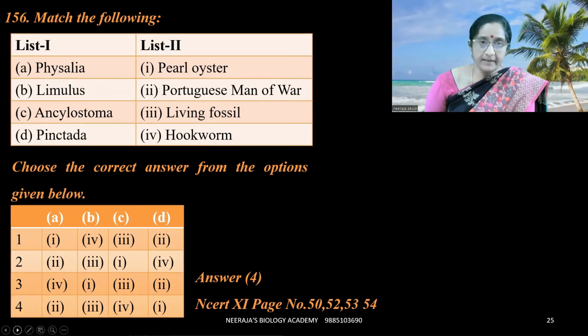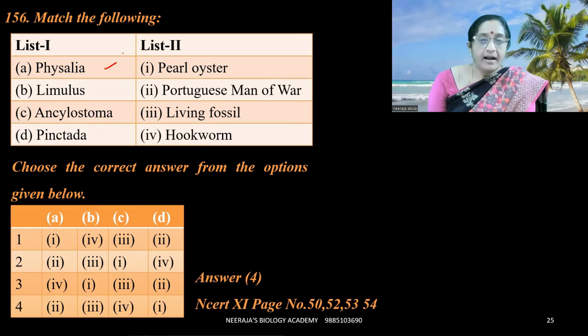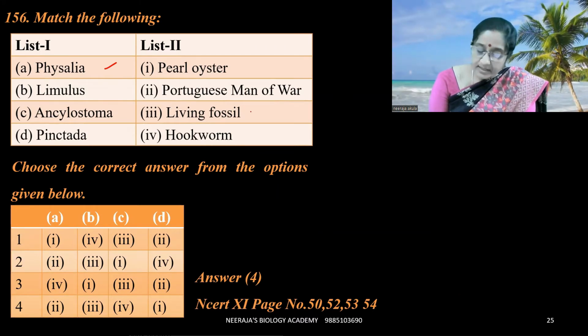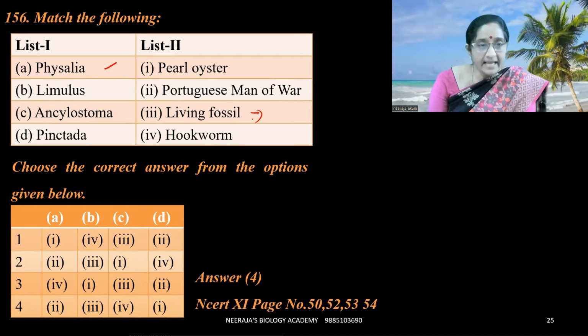Related to the animal kingdom, we generally used to get one question in the form of match the following. Physalia is considered as Portuguese man of war, which belongs to phylum Cnidaria. Limulus is considered a living fossil and commonly known as king crab.